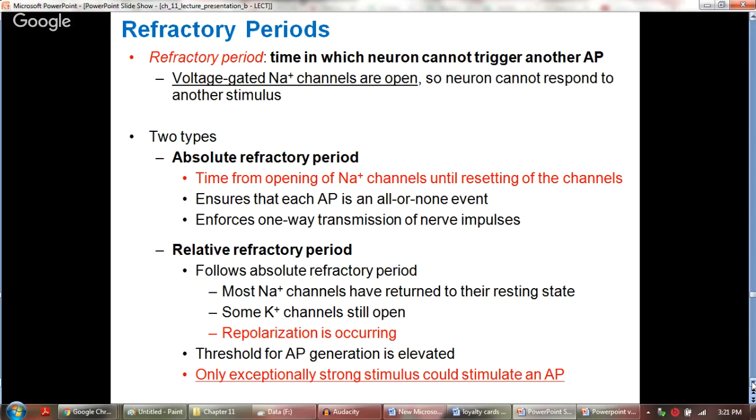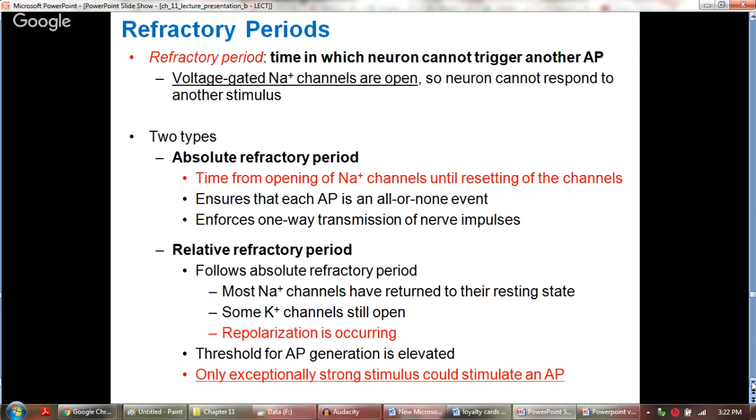There are two types: the absolute refractory period and the relative refractory period. The absolute refractory period is the time from opening of sodium channels until resetting of the channels, and that ensures that each action potential is an all or none event, and it enforces one-way transmission of nerve impulses.